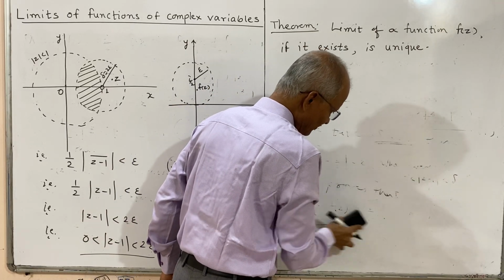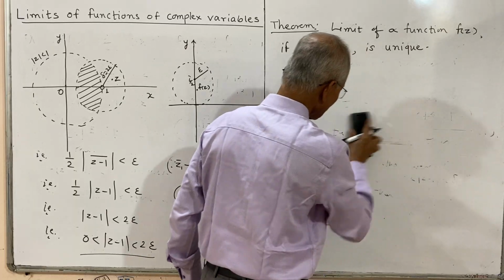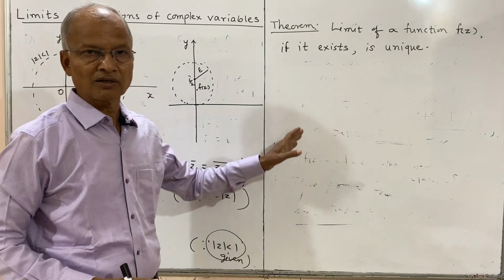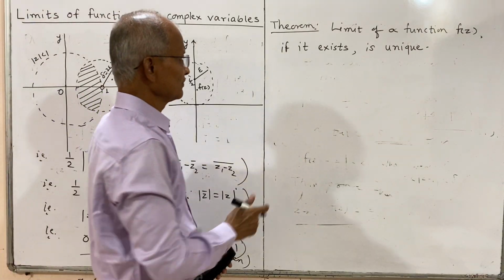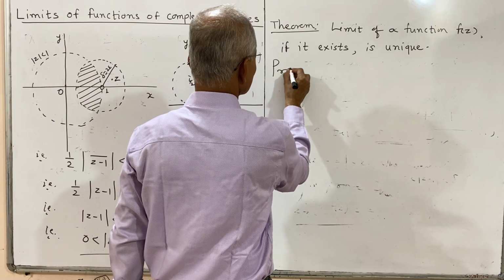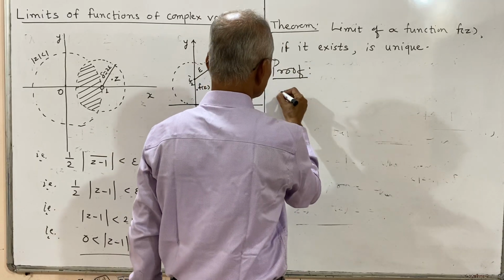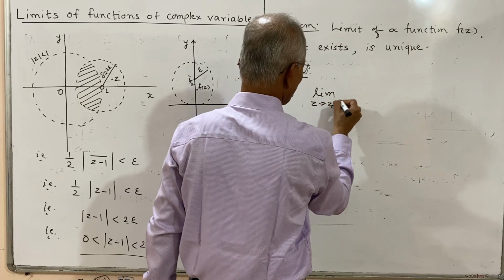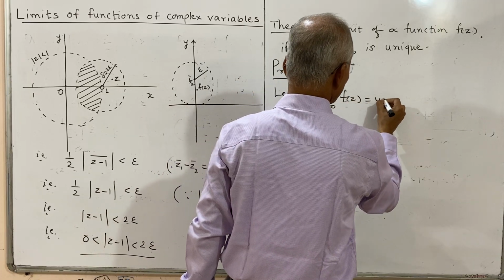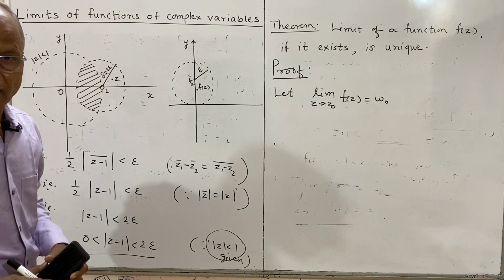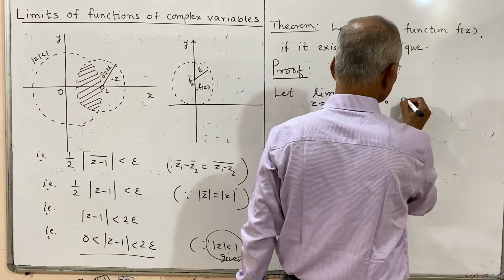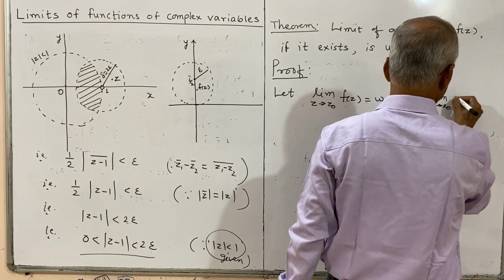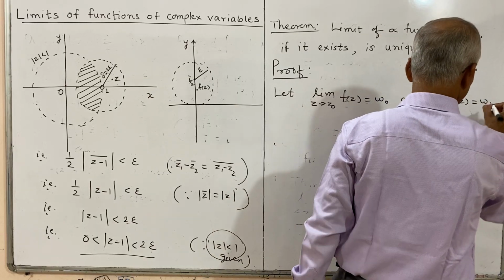Now to prove the theorem, we shall assume that the limit of this function f of z, as z approaches z naught, has two values. Proof of the theorem: let limit z tends to z naught of f of z be equal to w naught, as in the definition earlier, and also let limit z tends to z naught of f of z be equal to w1.